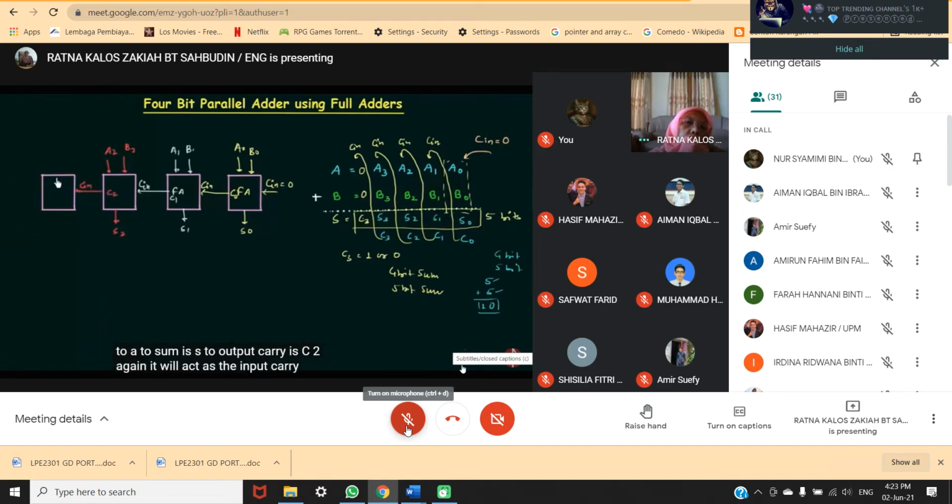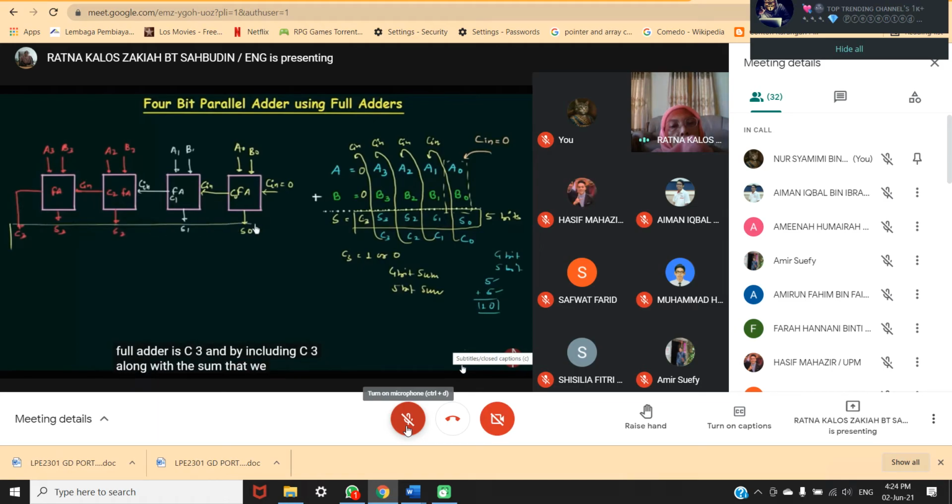Again, it will act as the input carry for the next full adder, and the last full adder we will use to add B3, A3, and the sum is S3. Very simple. And the output carry for the last full adder is C3, and by including C3 along with the sum that we have obtained from the different full adders, we will get the final sum. So this is how you can have a 4-bit parallel adder by using 4 full adders.